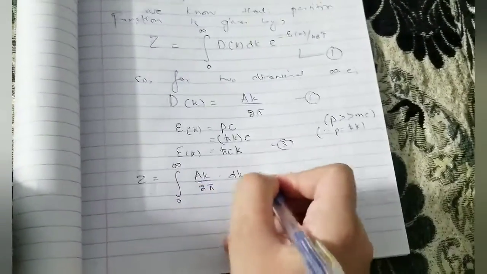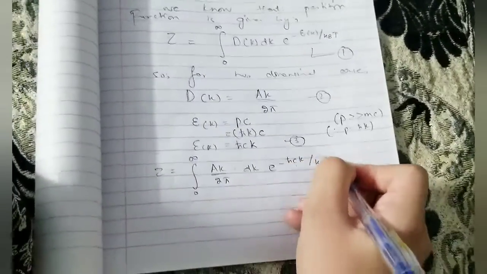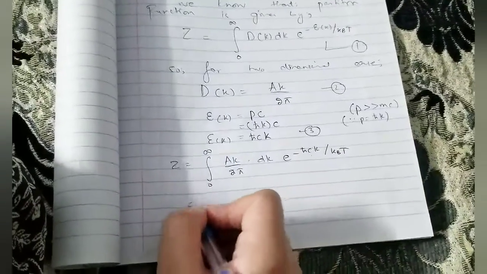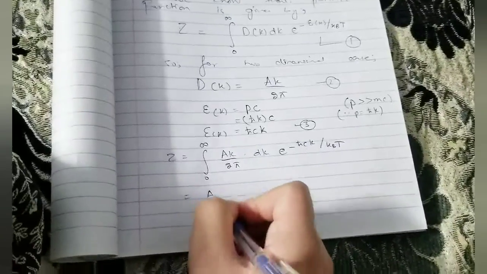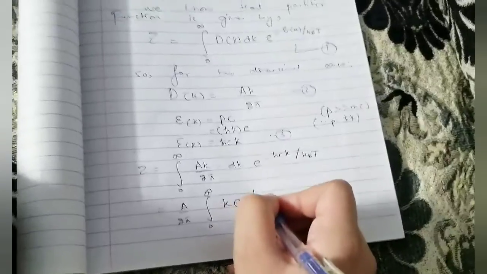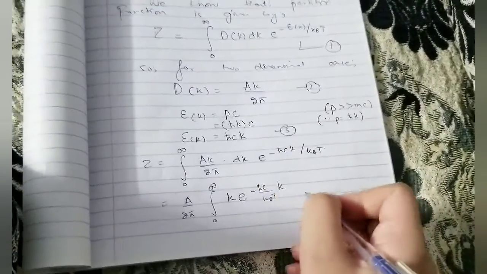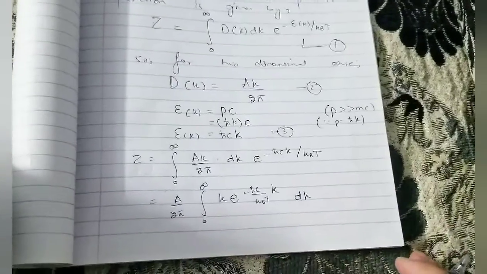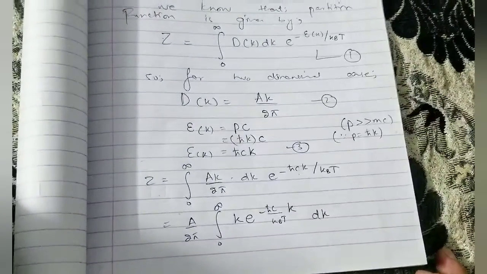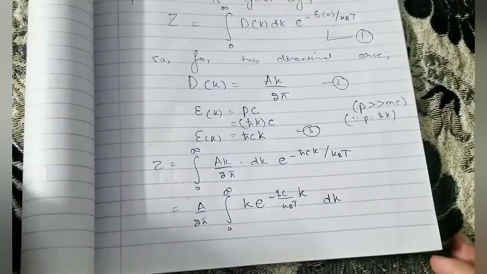A by 2 pi are constants, so I'm taking them outside. Then k e to the power minus h-bar c by k_B T, these are constants, into k dk. Now we need to solve that integral, and after solving it and simplifying it, we'll get the final result.